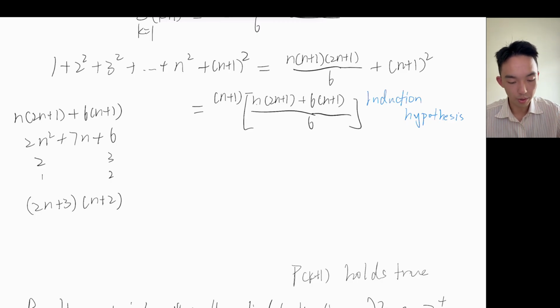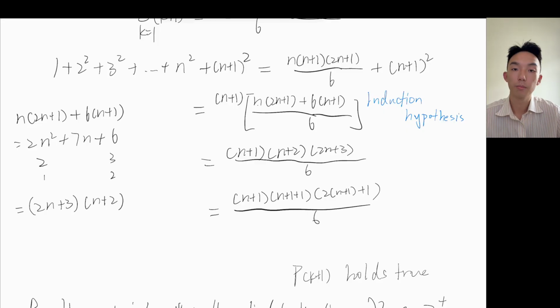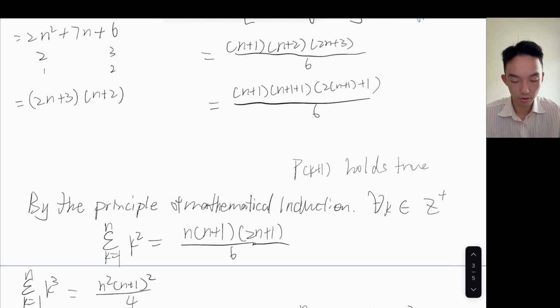Then we rewrite this as n plus 1 times 2n plus 3 times n plus 2 divided by 6. This is exactly n plus 1 times n plus 1 plus 1 times 2 times n plus 1 plus 1 divided by 6. So Pn plus 1 still holds true.